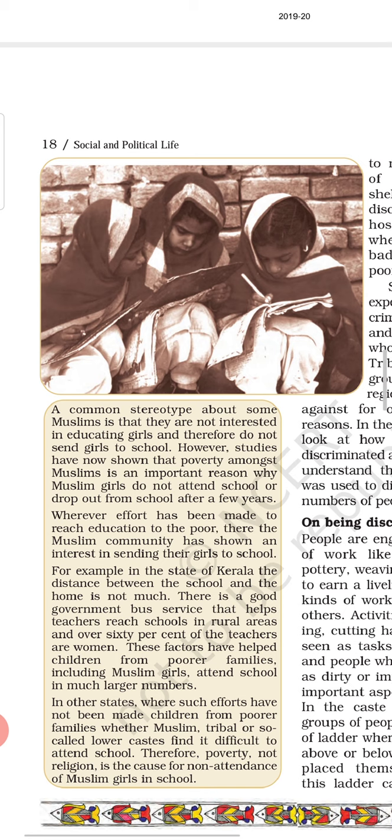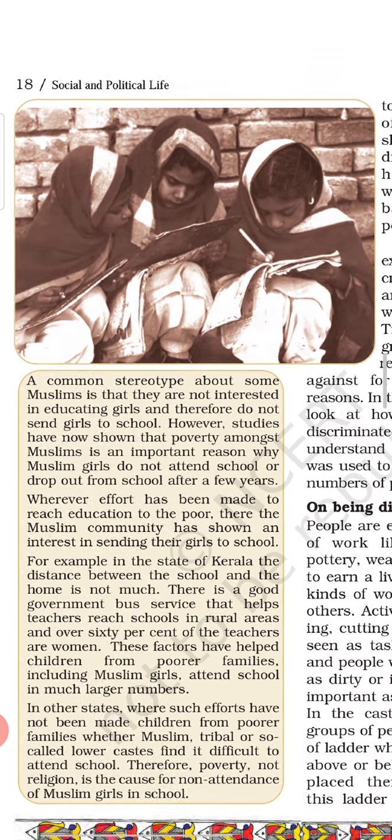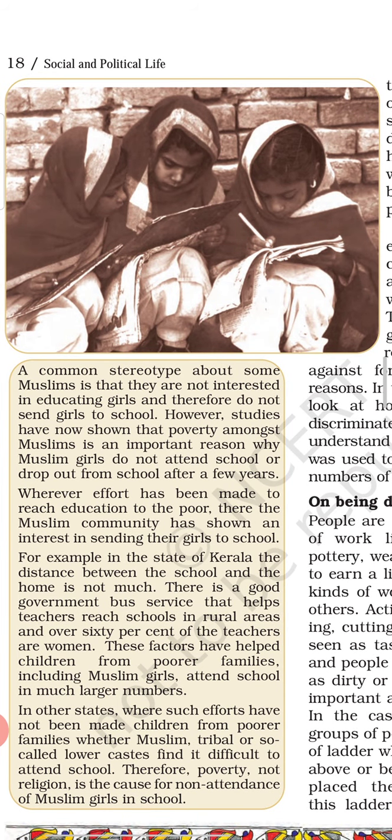For example, in the state of Kerala, the distance between the school and the home is not much. There is a good government bus service, and that helps teachers reach school in rural areas, and over 60% of the teachers are women. These factors have helped children from poorer families, including Muslim girls, attend school in much larger number.